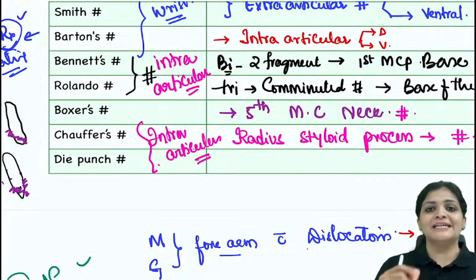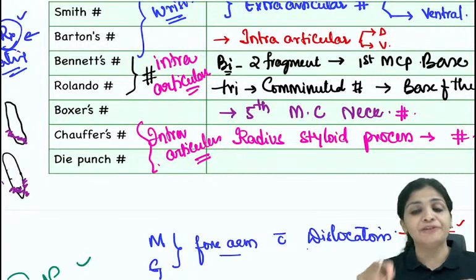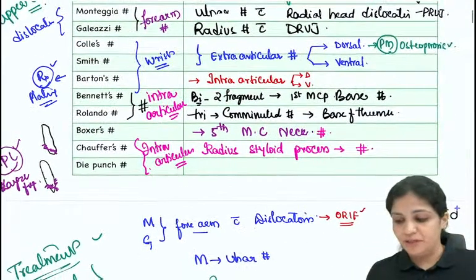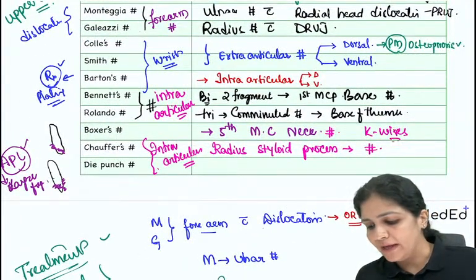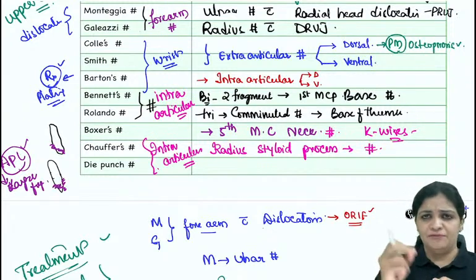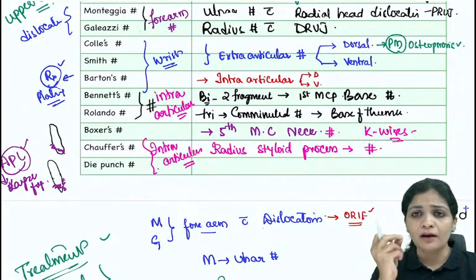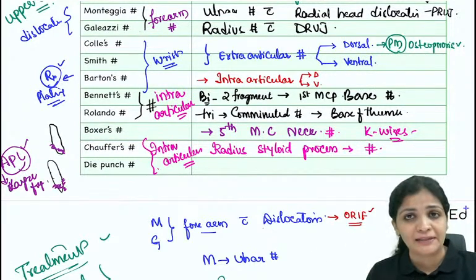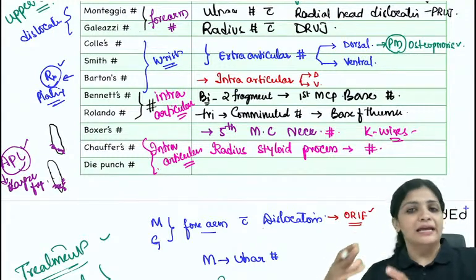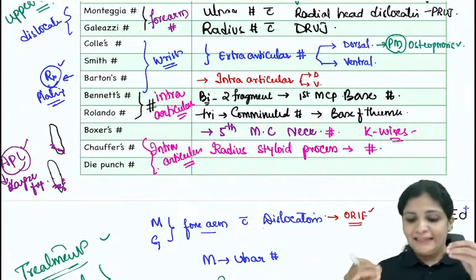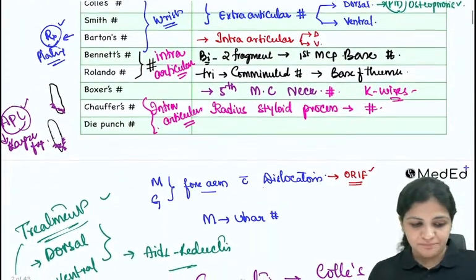Again, Boxer's fracture is a fracture of the neck of the 5th metacarpal. Here the treatment is K wires. K wires are very small wires, 1 mm, 2 mm, 3 mm, and you pass these K wires through the fracture, and hence you can give the fixation, right? Then we are dealing with Schoffer's fracture.